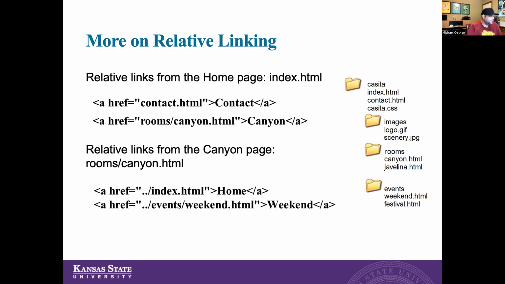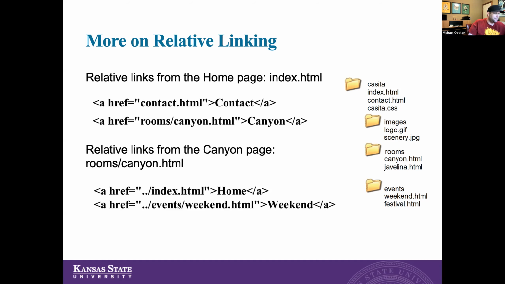To do that, if you notice in that first href line, where we put our link, we have 2 periods and then /index.html. What those 2 periods do is they tell the browser to move back out 1 step. We're in the rooms folder, and it's telling it to move back 1 step into the Casita folder, and then open that index.html file.